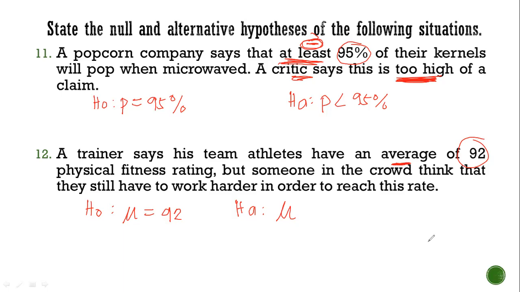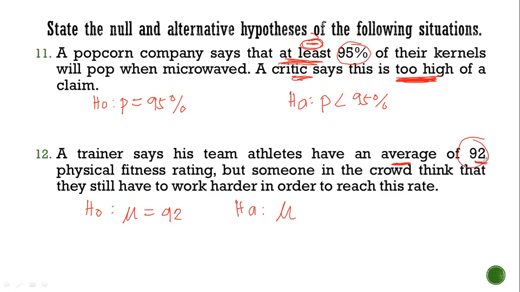Sige, so balikan natin. But someone in the crowd thinks that they still need to work harder para ma-reach nila yung rate. Anong ibig sabihin nun? Yung 92 na yan, masyadong mataas. Masyado siyang mataas to the point na kailangan mong mag-double work para lang ma-reach yung 92.